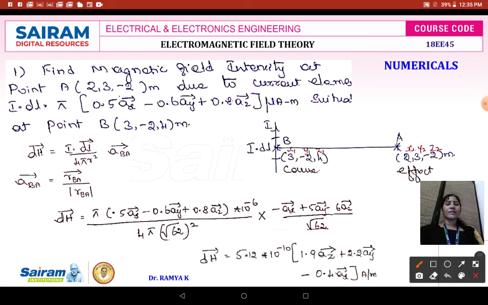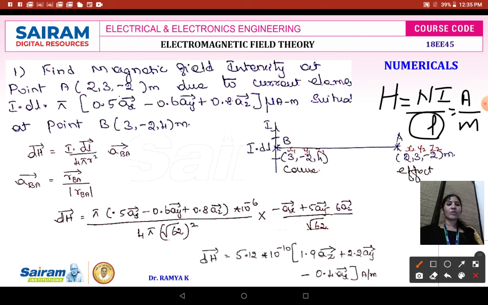In general, the magnetic field intensity formula is H equal to N I divided by L. The unit for current is ampere and the unit for length is meter or centimeter, whatever is given in the problem. Therefore, the general unit for magnetic field intensity is ampere per meter. Thank you, students.